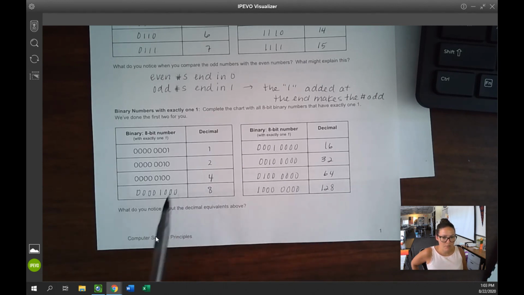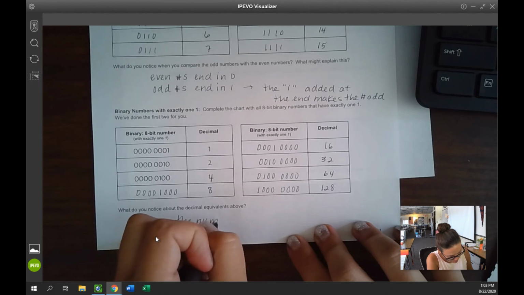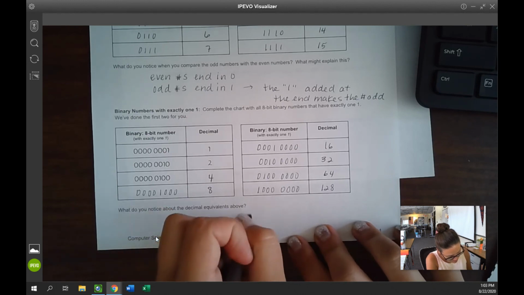As the 1 moves one place over, our number doubles, right? 1 to 2, times 2 is 4, times 2 is 8, times 2 is 16, times 2 is 32, and so on. The numbers double.